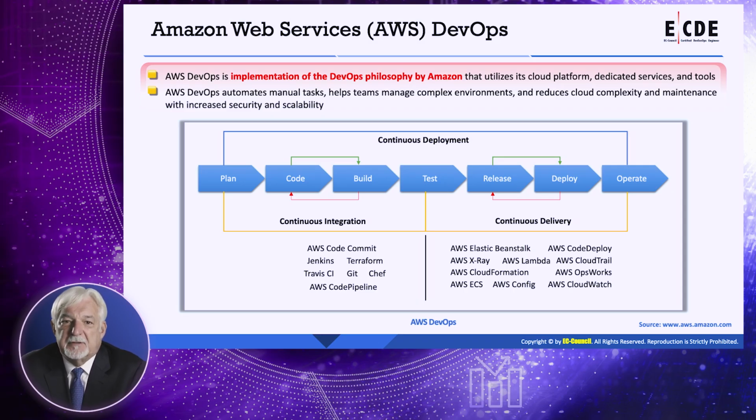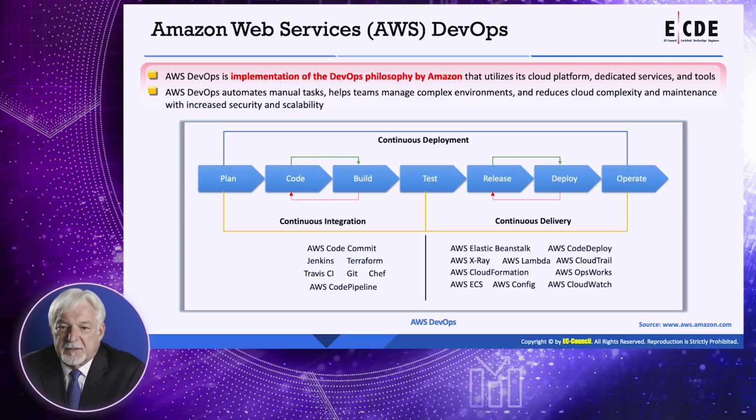It's the implementation of the DevOps philosophy by Amazon, and it utilizes its cloud platform, dedicated services, and tools that are inherent within AWS to provide this DevOps environment, if you will. It automates manual tasks, helps teams manage complex environments, and reduces cloud complexity and maintenance with increased security and scalability.